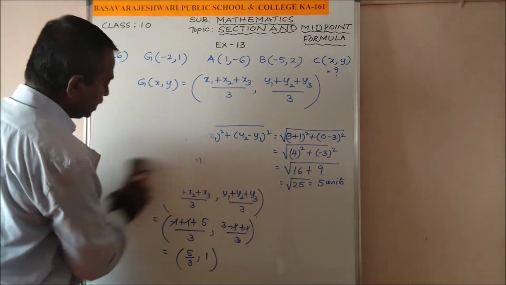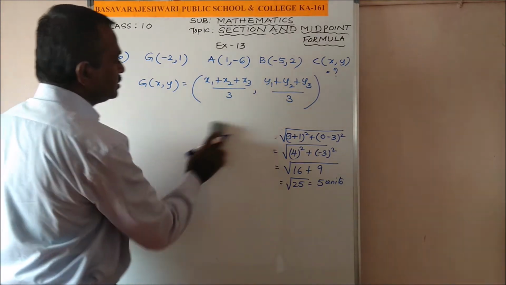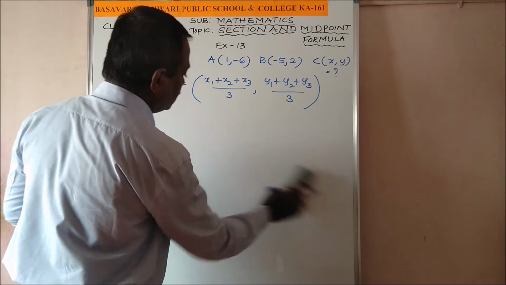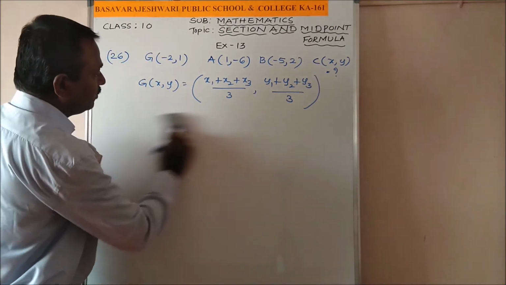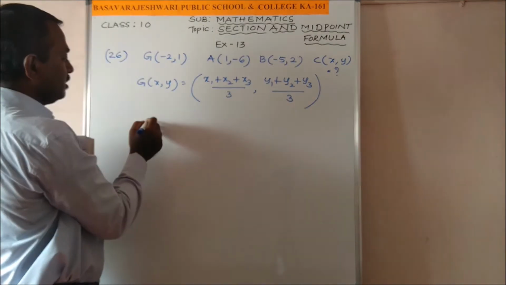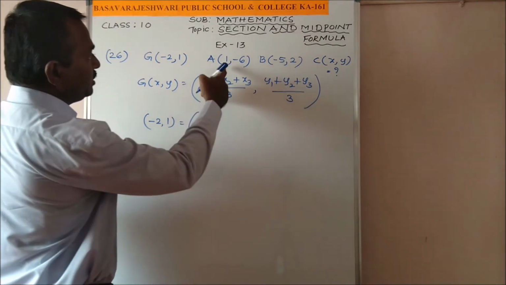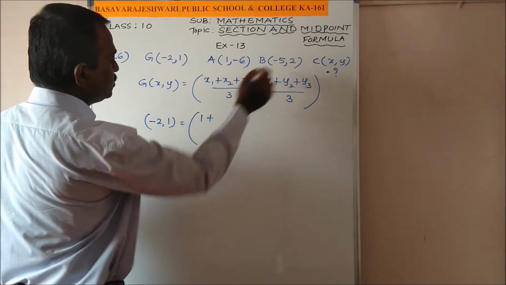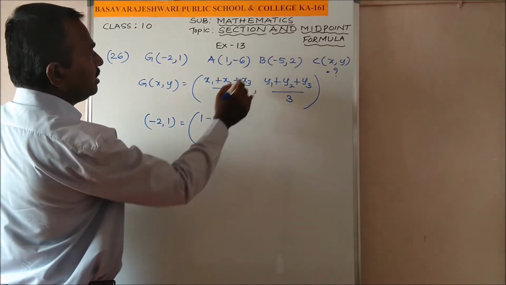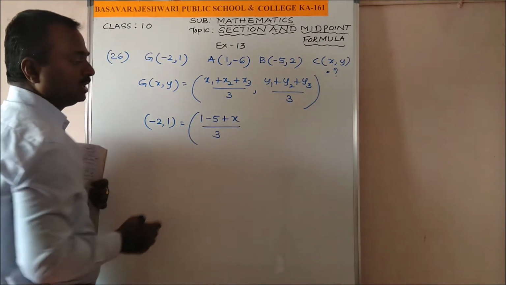Now we have to substitute the values in the formula. So we already know the centroid: (-2, 1) equals, x1 means 1, plus x2 means -5, directly connect plus into minus, -5, plus x3, which we take as x only, by 3.